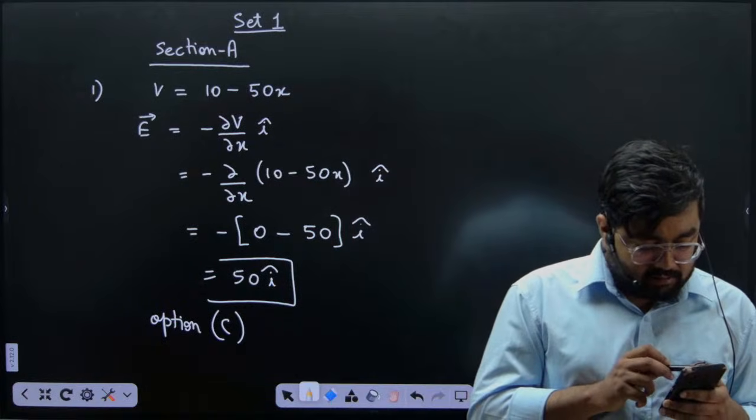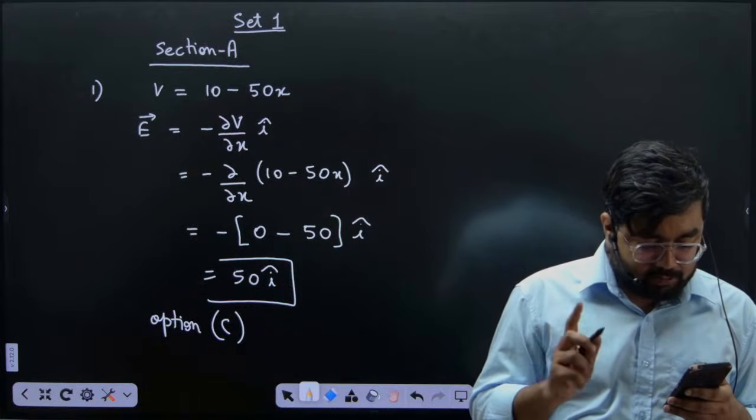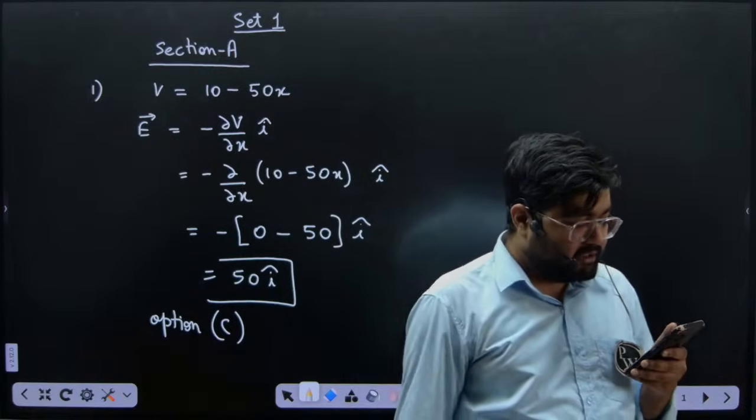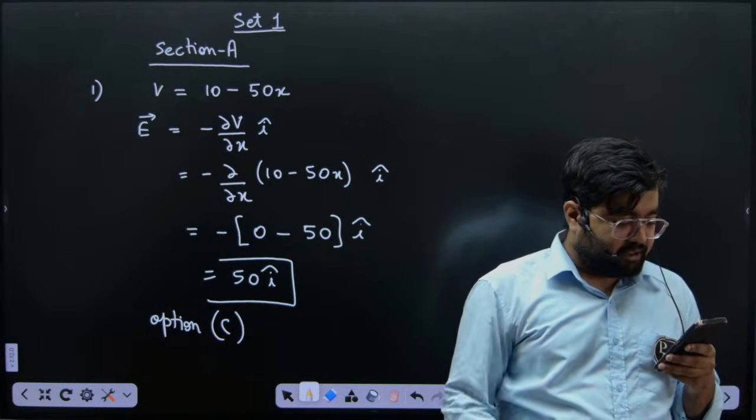The next question: a conducting wire connects two charged metallic spheres A and B of radii R1 and R2 respectively. The distance between the spheres is very large compared to the radii.